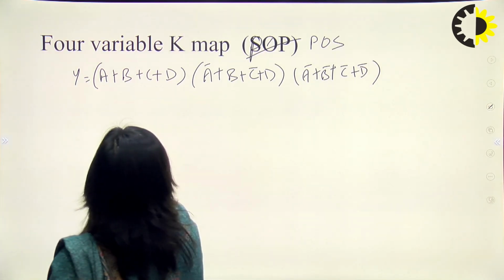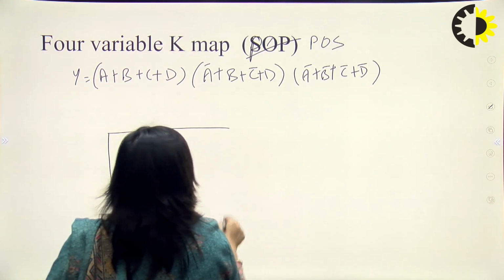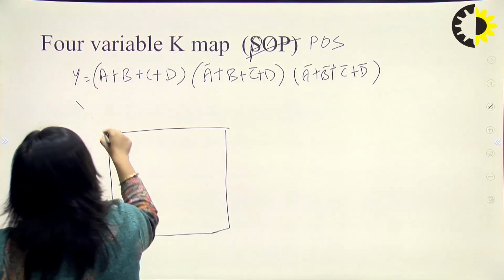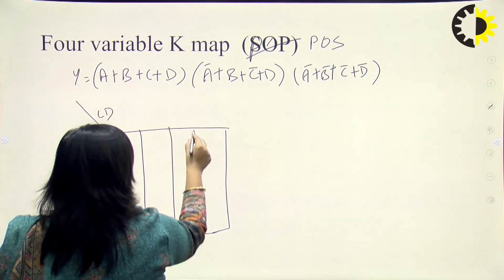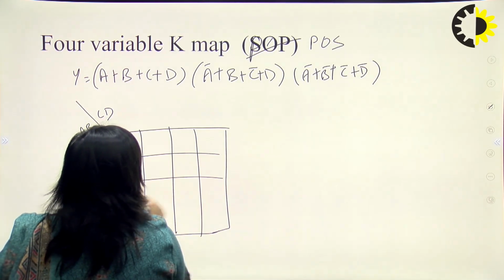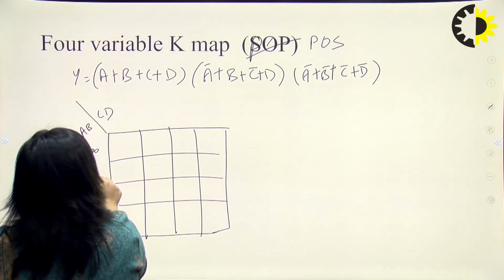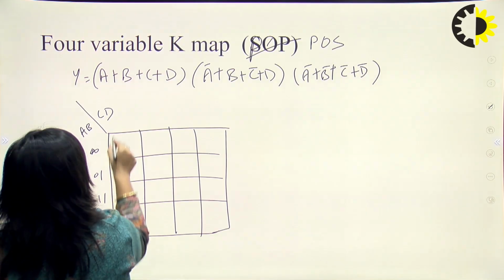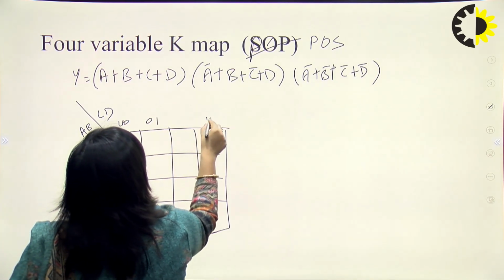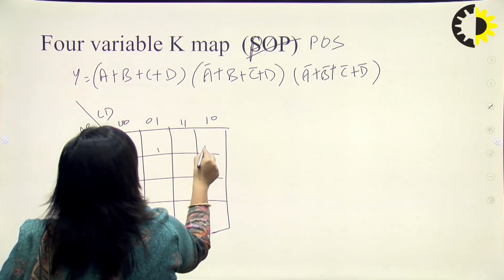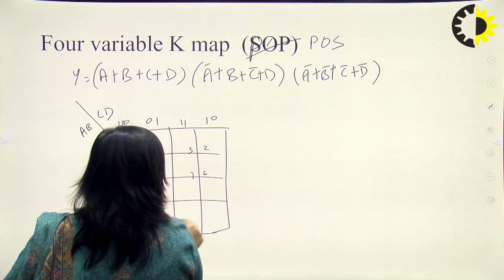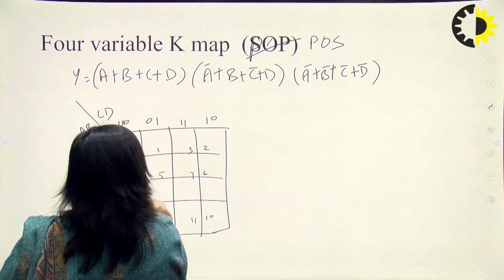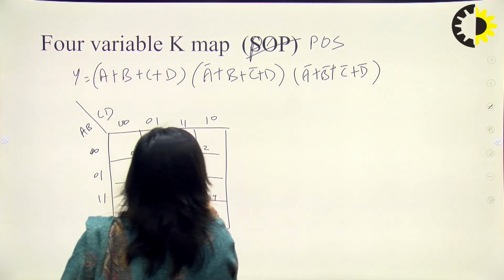So for this we will make a K-map of 4 variables, like in this way: A, B, C, D, like 0 0, 0 1, 1 0, 1 1, and 0 0, 0 1, 1 0, 1 1, with cells 0, 1, 2, 3, 4, 5, 6, 7, 8, 9, 10, 11, 12, 13, 14, 15.